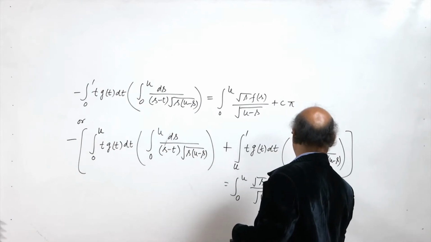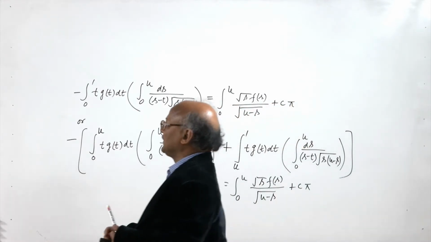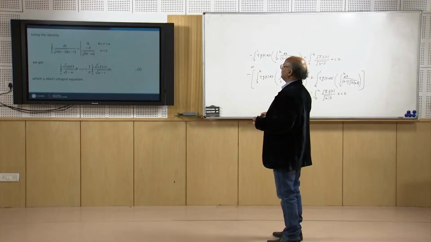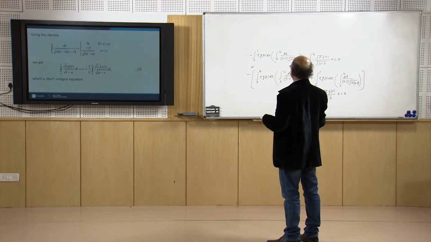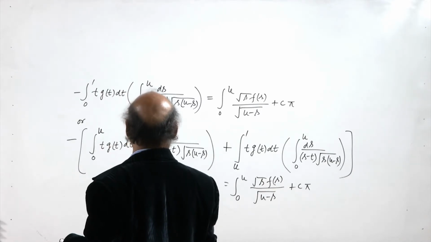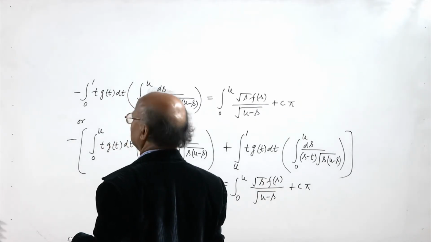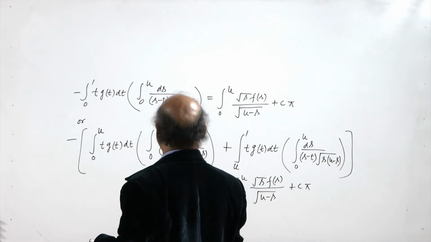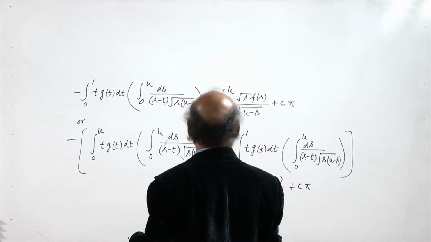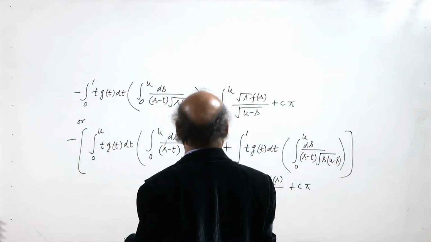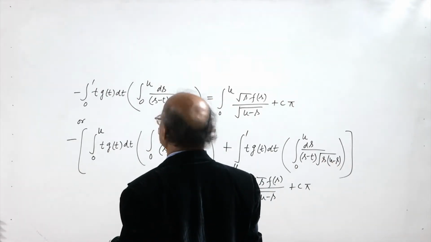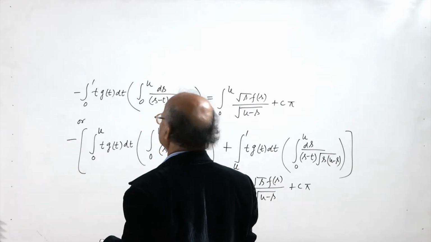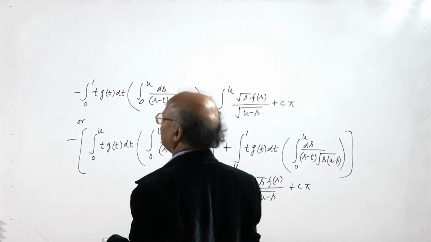pi. Now when we use this identity, then this part, integral 0 to u, here t varies from 0 to u, so this expression becomes 0 and therefore this part vanishes, and here we will put the integral 0 to u ds upon s minus t square root s into u minus s from here, because t varies from u to 1.